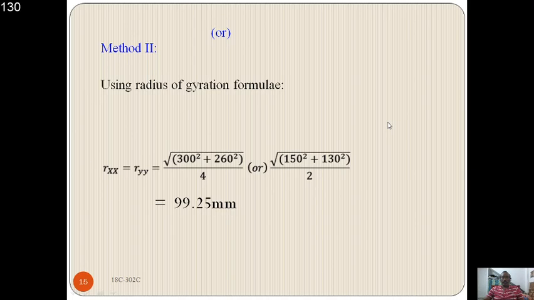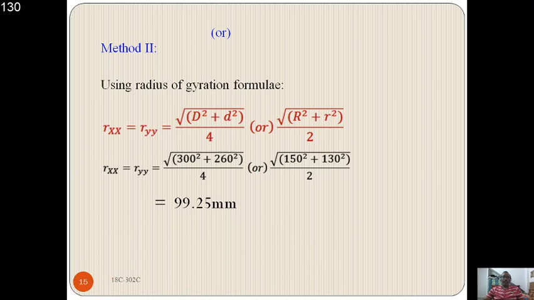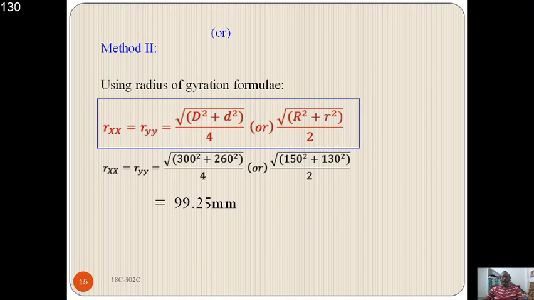From the competitive exam point of view, you can use this formula. In a fraction of seconds you can obtain the answer for the least radius of gyration. So this is the least radius of gyration formula for the hollow circular section. So memorize this one for your success in the exams.